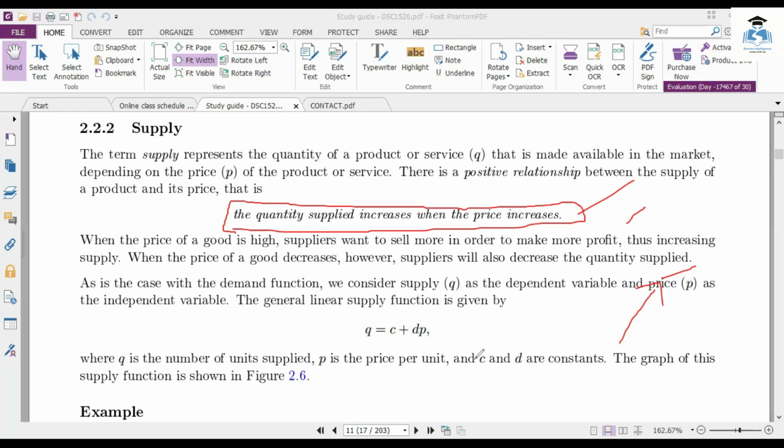Then the quantity supplied increases when the price, something like that, if that makes sense. It's about the demand being or not being excluded in the statement. Yeah, in the statement. Yeah, I get you.